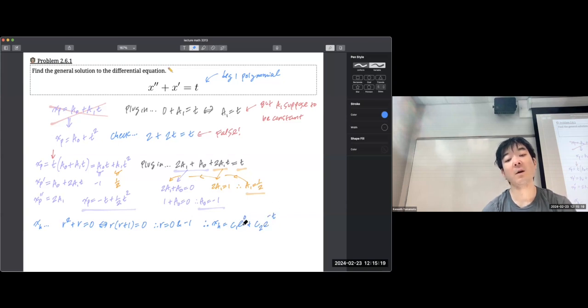And e to the 0 is just 1, so this is just going to be C1 plus C2 e to the -t. This is your homogeneous solution. It's distinct real roots, so you just have one solution C1 times e to one of the r's, and C2 times e to the other r. But one of them is 0, so it's e to the 0 times t, which is still e to the 0, and that reduces to this.